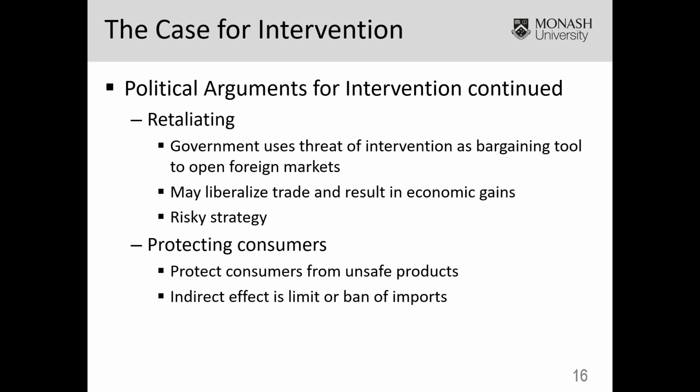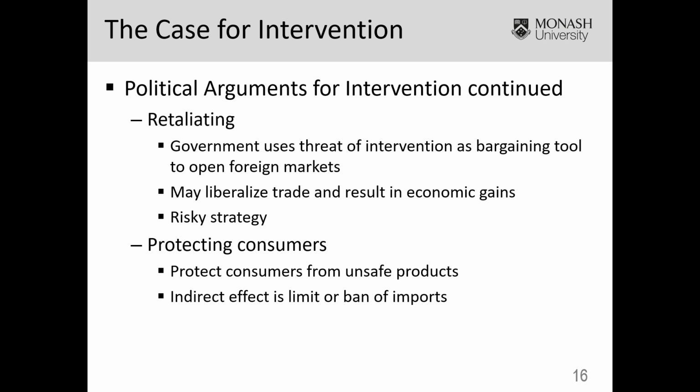It's also used to retaliate. Governments use threats of intervention as a bargaining tool to open markets. This has gone back all the way to the blockade of Japan in the 1800s by the US military. It goes on further. It's threats that go back and forth in the negotiation between China and the US, between the US, Canada and Mexico, about free trade agreements and trade liberalisation.